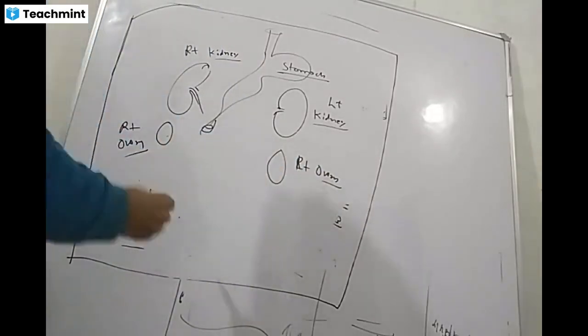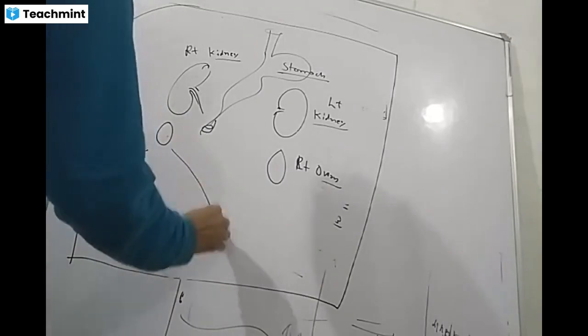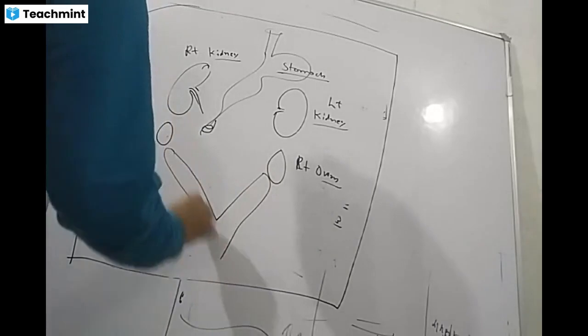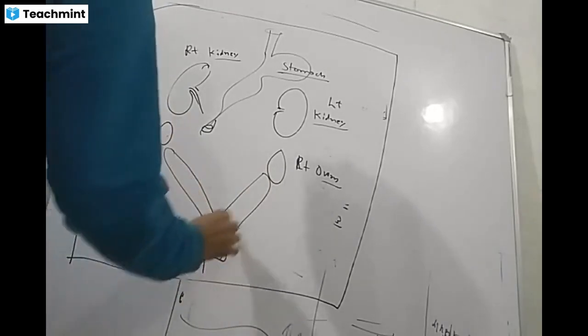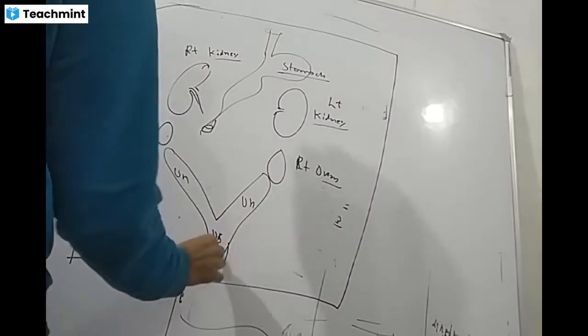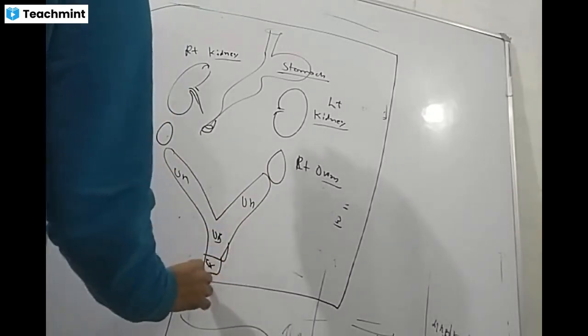These ovaries are attached to the V-shaped reproductive tract of the bitch, that is the uterine horns, and this is the uterine body, and this is the cervix.